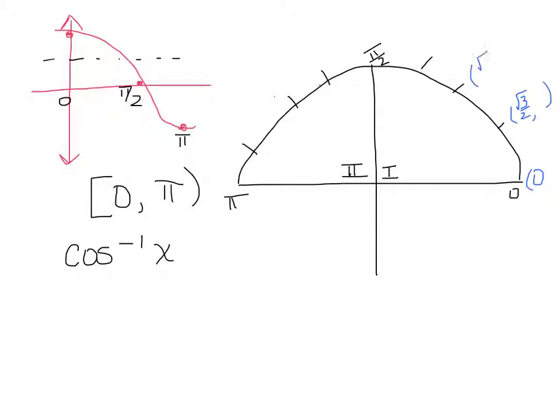This will be square root of 2 over 2. And this would be 1/2. And let me fill in the radians. Pi over 6, pi over 4, pi over 3. And then this would be, excuse me, I did that one. It should be a 1. I'm sorry. And this is 0.